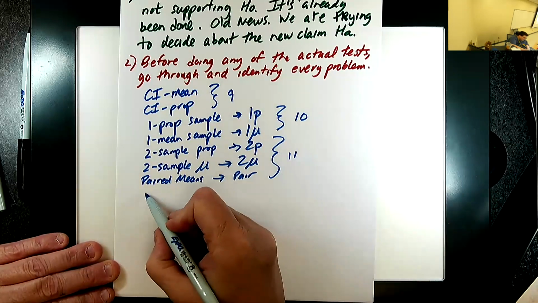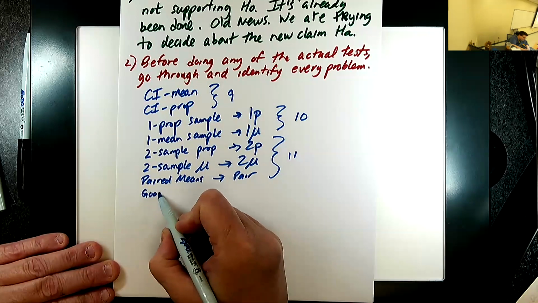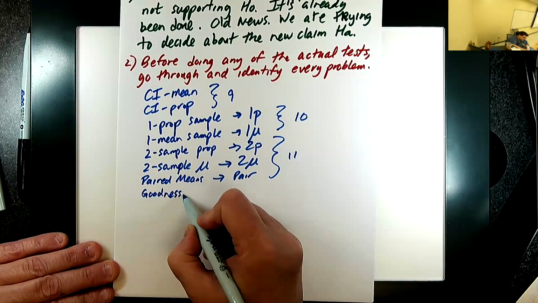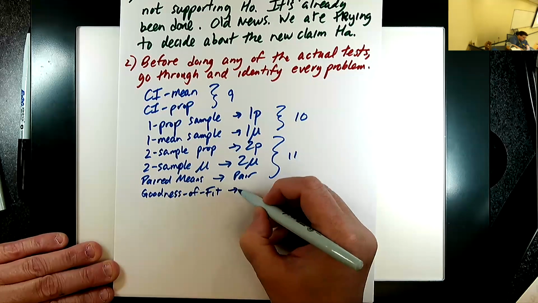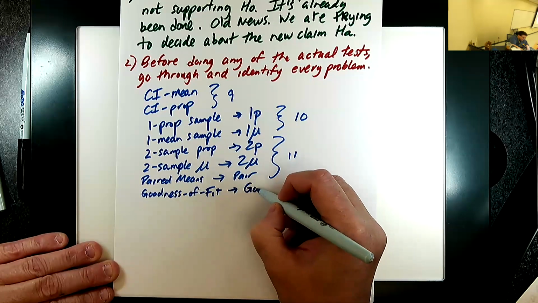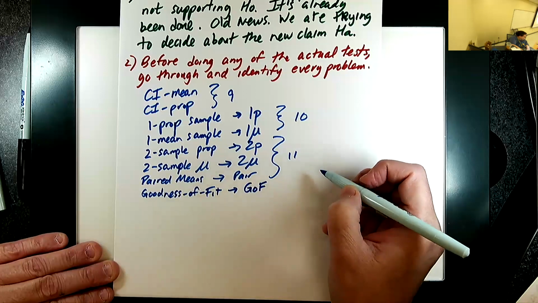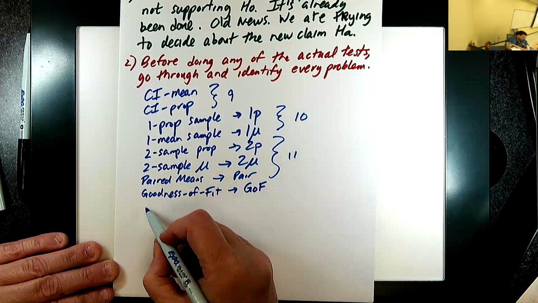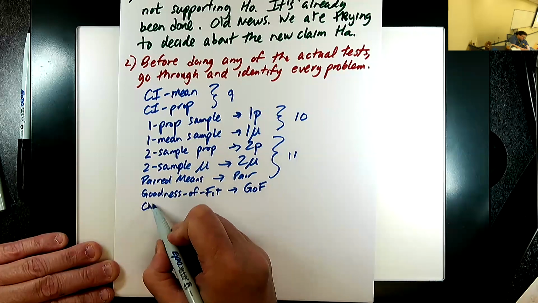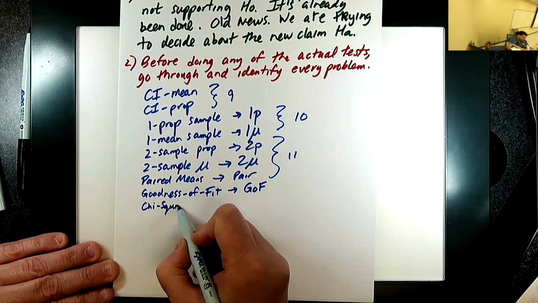In chapter 12, we do goodness of fit. You can write that all out. If you put GOF, I'll get what you're trying to say. We also have the chi-square test for independence.